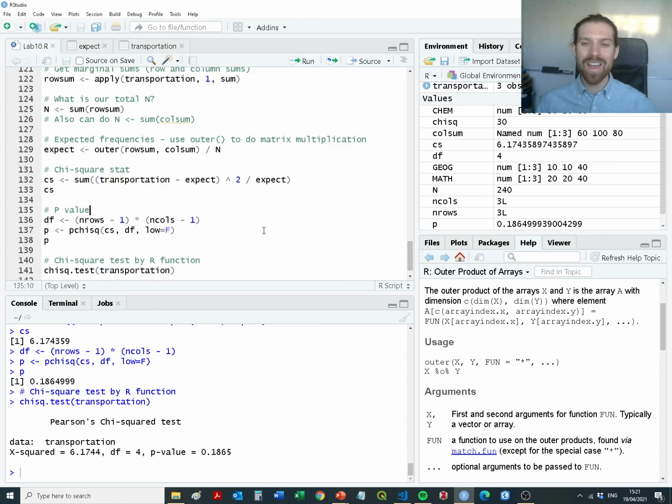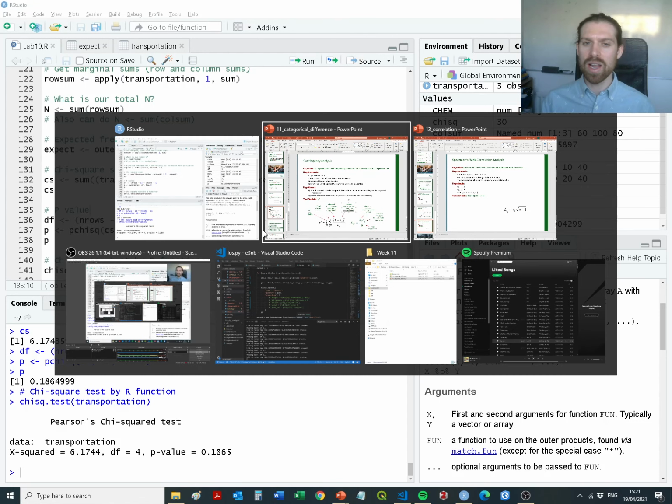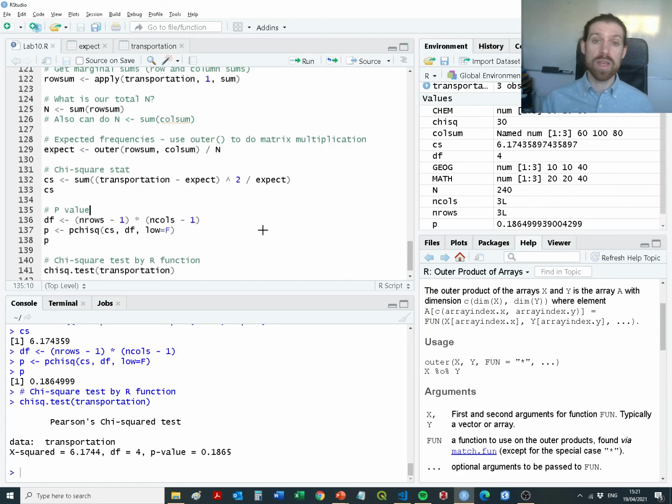Great, so I'm hoping that wasn't too overloading for you. You've got the materials for this week's lecture on correlation, so that was lecture 13, and you've got the materials for the lecture 2 weeks ago, which was lecture 11, and that should really cover off all of those different tests that we've covered in the past couple of weeks, that we've covered in the lectures, but maybe we haven't covered fully in the laboratory sessions.